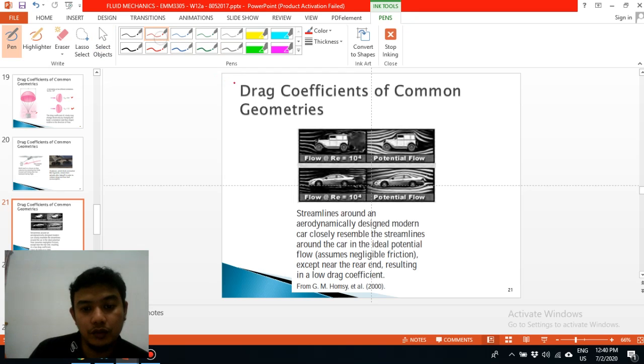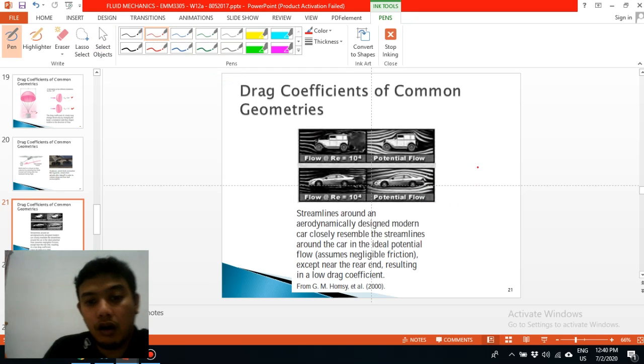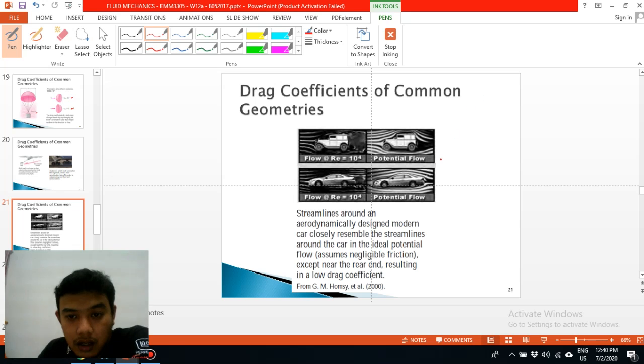Okay, this picture shows the streamlines of 4 different pictures with 2 different designs of car, at the same Reynolds number. We can see there is streamline around the design. A modern car closely resembles the streamline around the car in ideal potential flow, assuming friction is neglected except near the rear, which results in the drag.